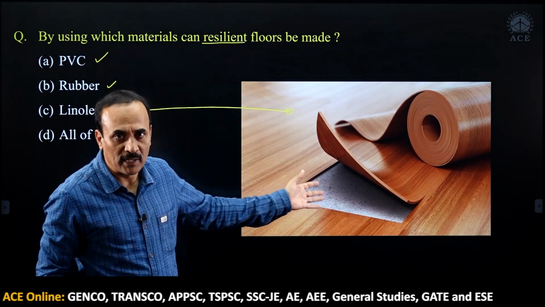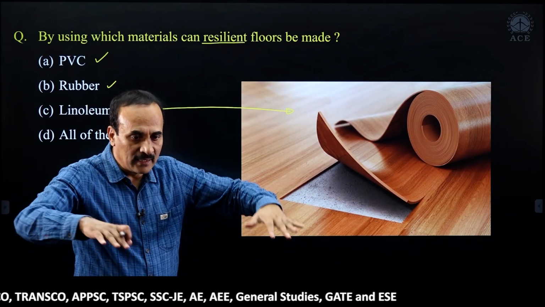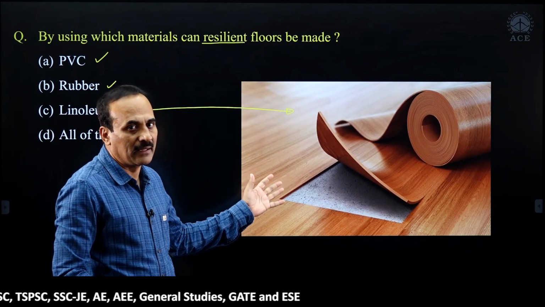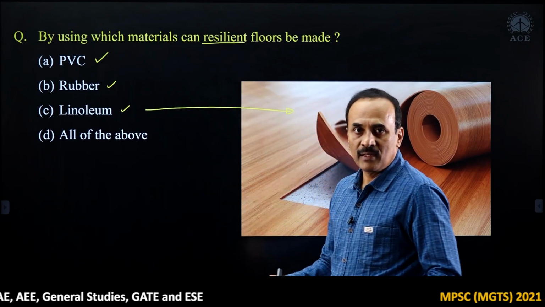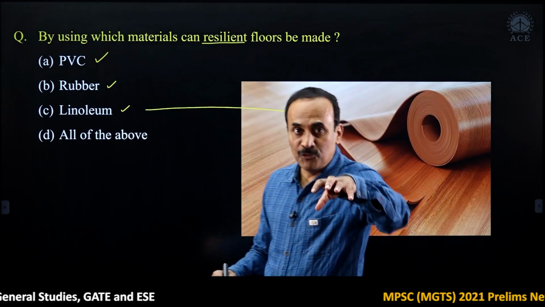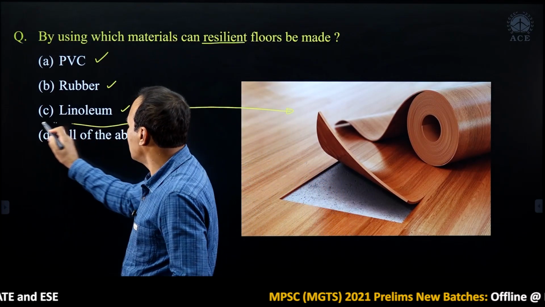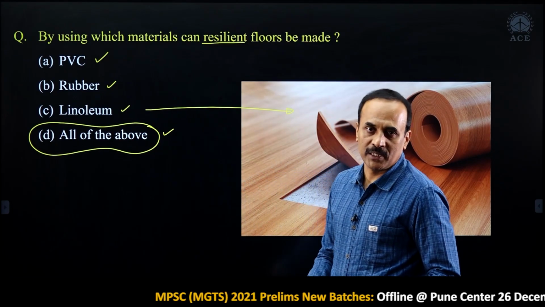Whatever texture you want, you will get it. It seems very natural, and it absorbs a lot of impact energy. Linoleum is best for indoor stadiums if you want look and feel. So, the answer is all are correct. You can choose D as the option.